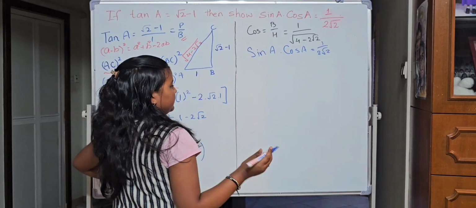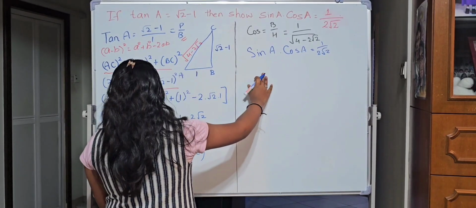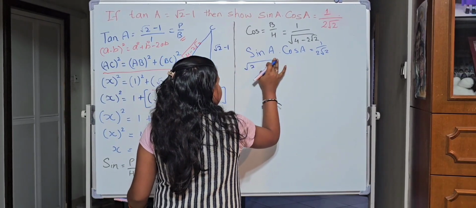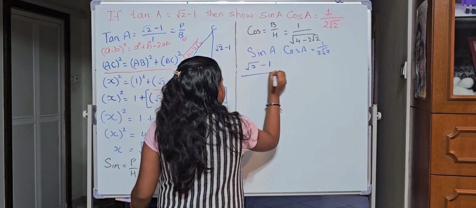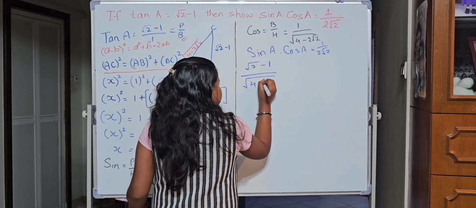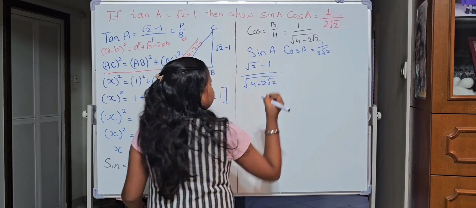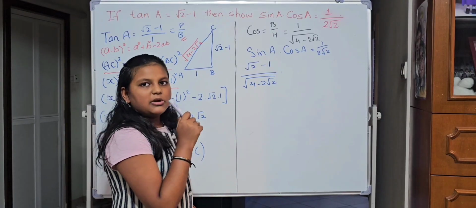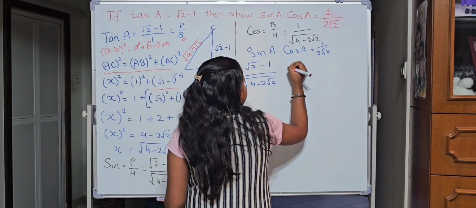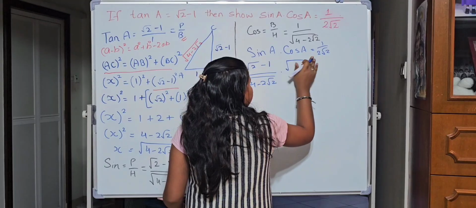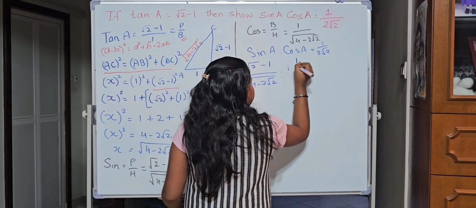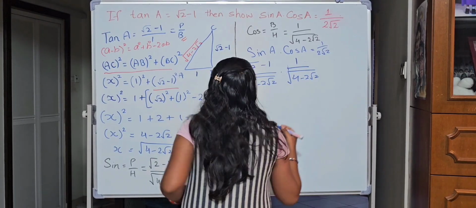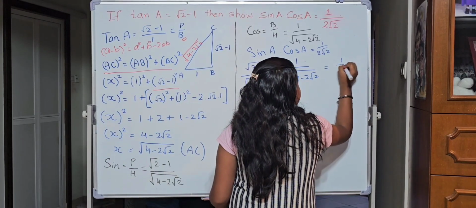The value of sine A is root 2 minus 1 by root over 4 minus 2 root 2, multiplied by, the dot is used to denote multiplication, so do not confuse with that as well, 1 by root over 4 minus 2 root 2. This will equal 1 by 2 root 2.